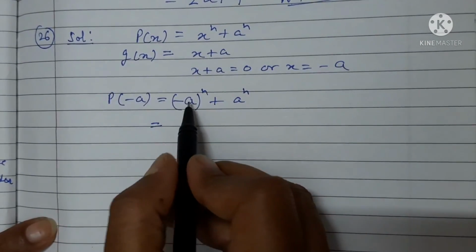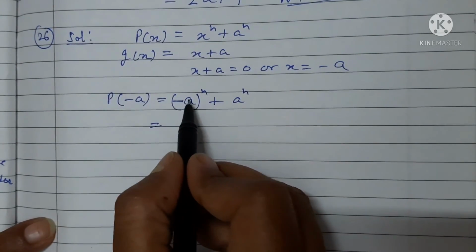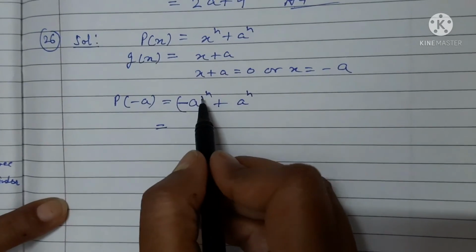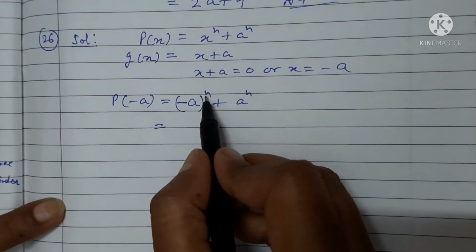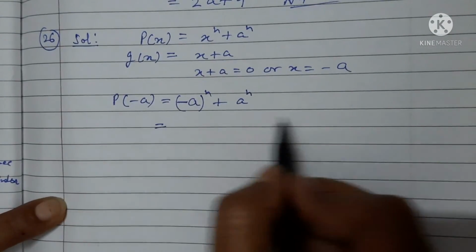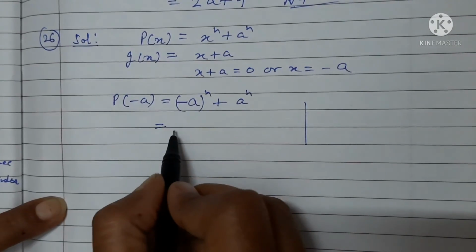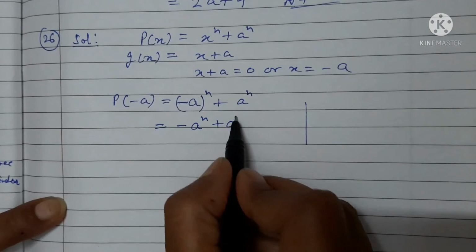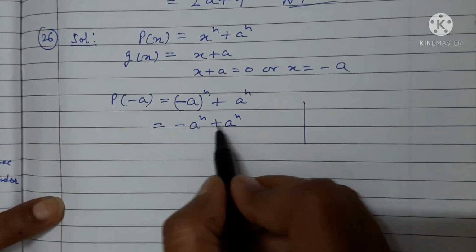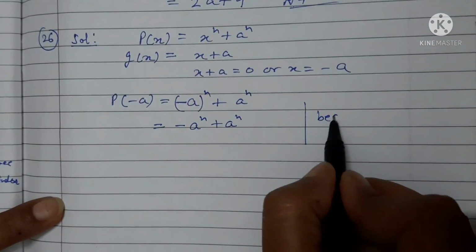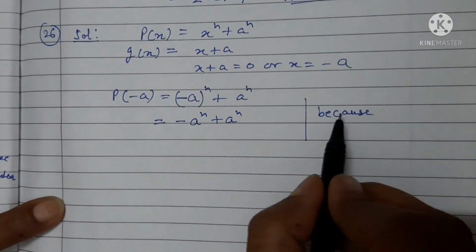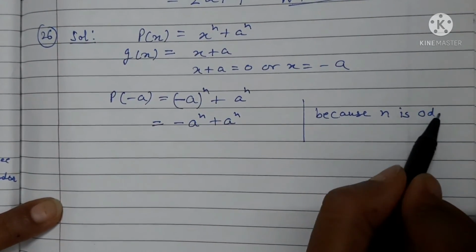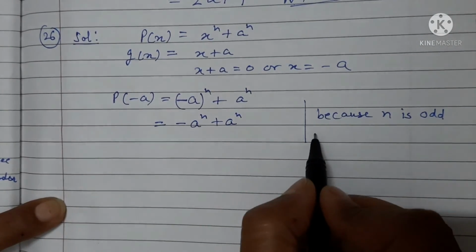Now you can take out minus 1, or directly you can understand that it is minus a to the power of n plus a to the power of n. Here I am giving the reason, because n is an odd positive integer.